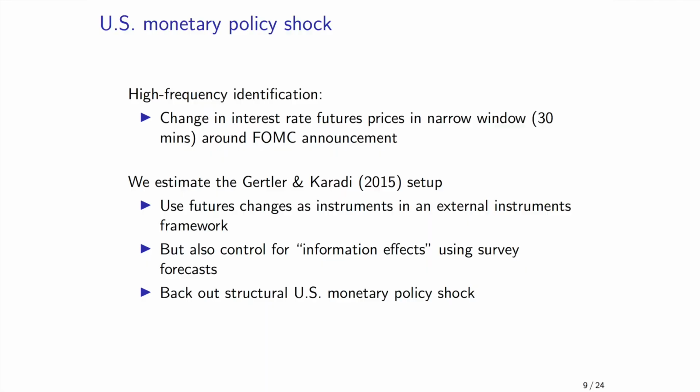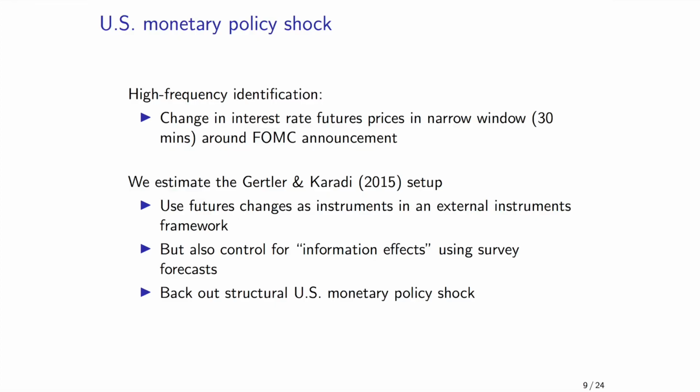Okay. So let me give you a little more detail about how we identify these shocks. For the US monetary policy shock, we follow the framework in this recent paper by Gertler and Karadi. And here the idea is that the instruments are constructed using high-frequency financial market data. Specifically, you look at futures prices in a narrow window around the announcements of the Federal Open Market Committee of the Federal Reserve in the US.